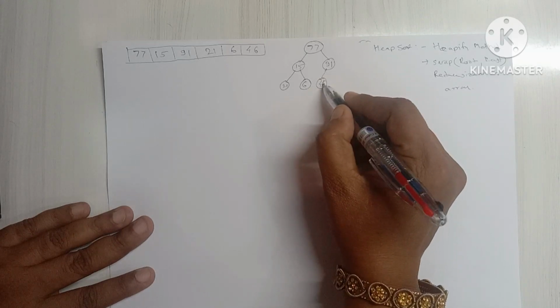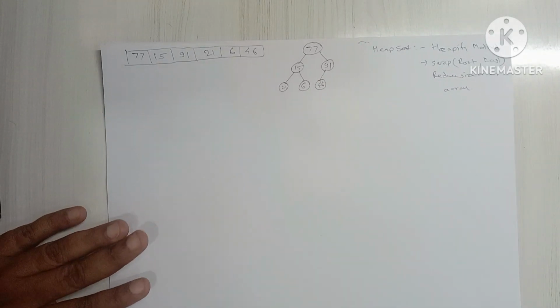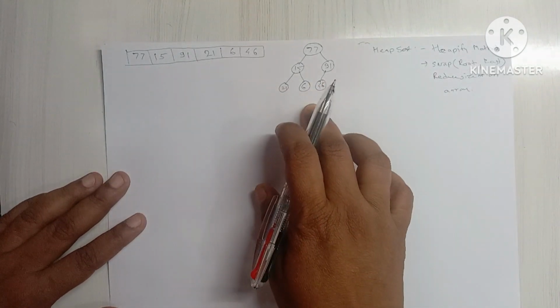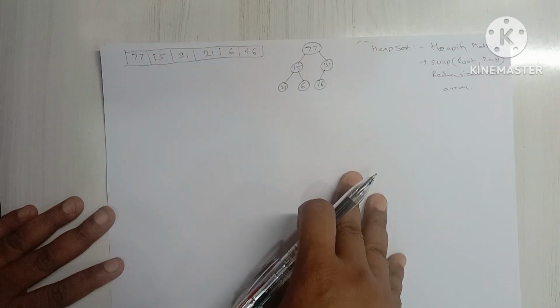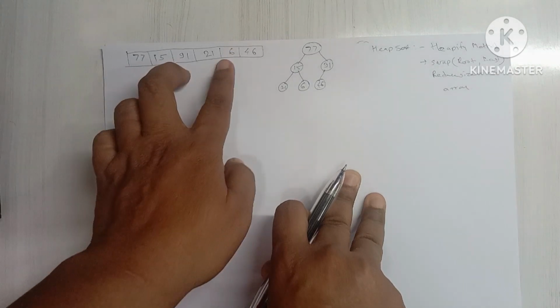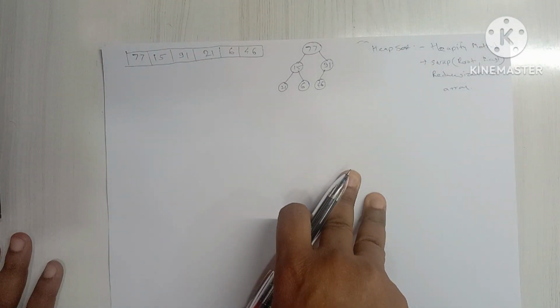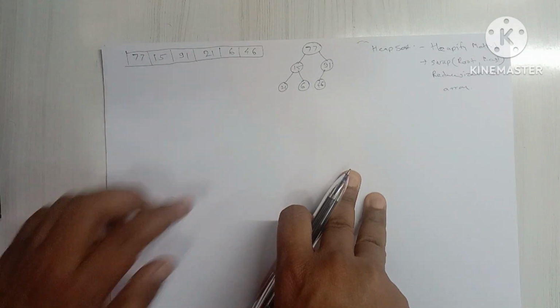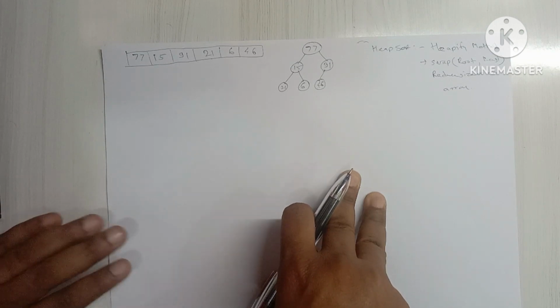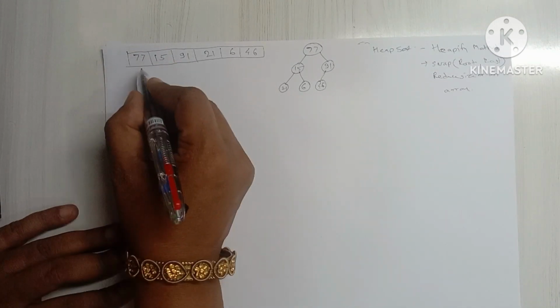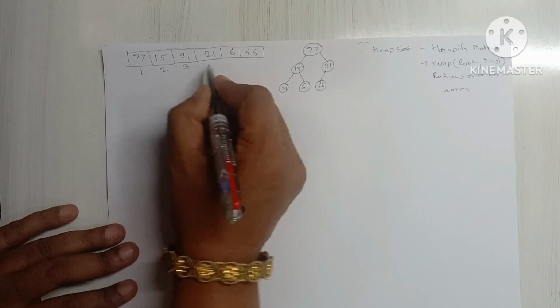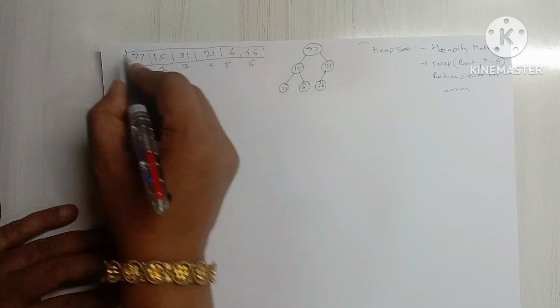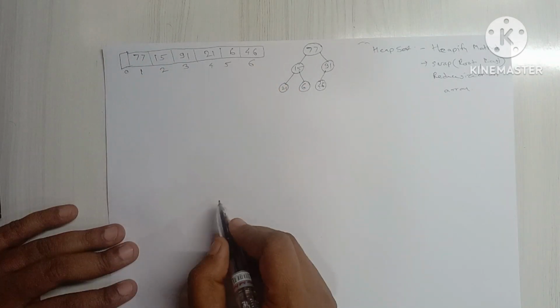Same level, next element is 46. In this way the tree will be represented. This is the input for our program. Whatever elements are given, we need to sort. We can store that like this in the array. Here is the first index, second, third, fourth, fifth and sixth, and here is the zeroth index.